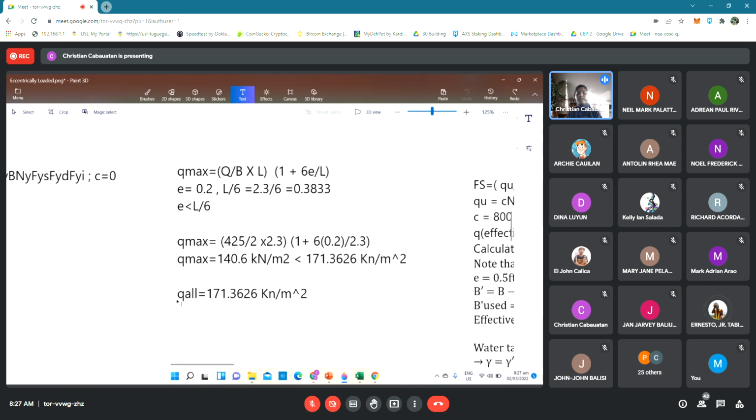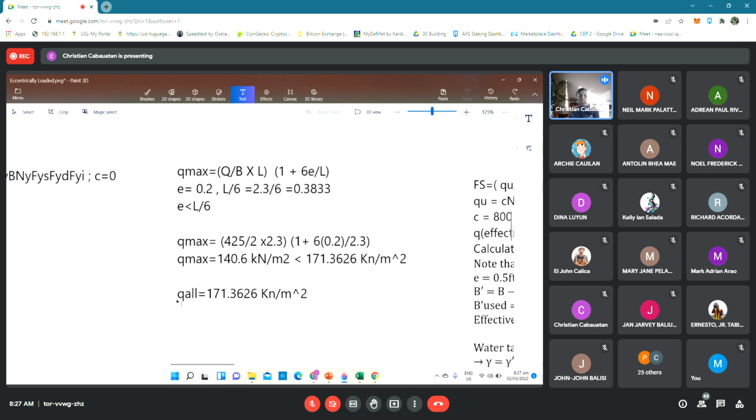Kasi once na 140.6 ang inyong maximum, then you are using 140.6, and then ang inyong allowable na load na i-carry ni foundation ay 171.36.